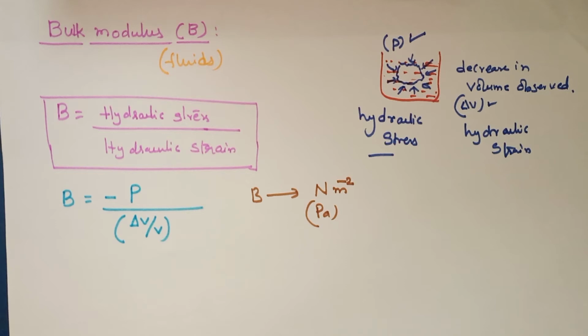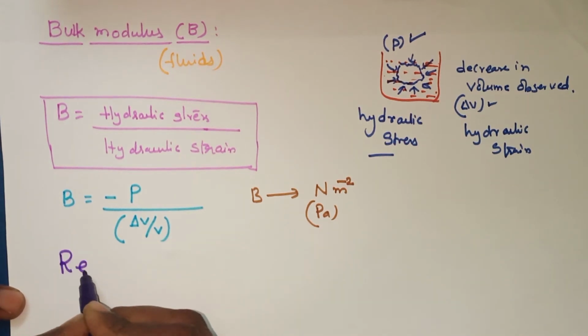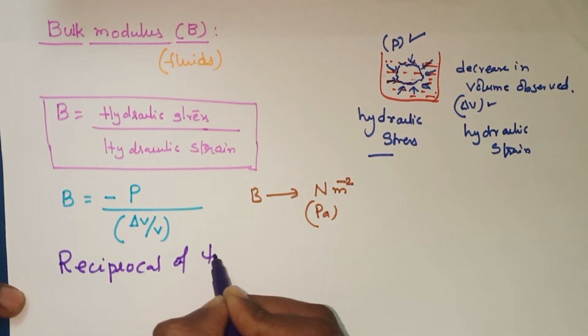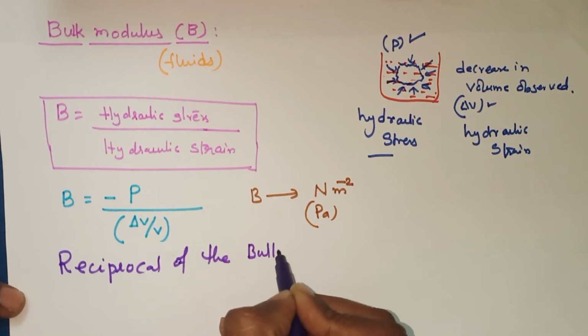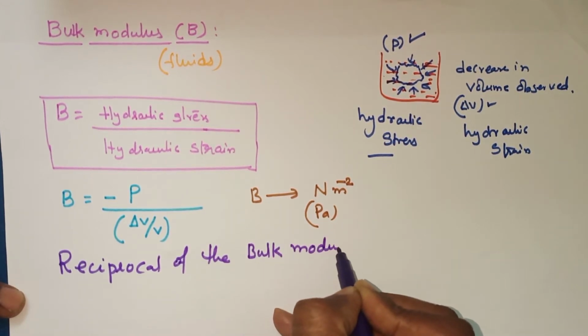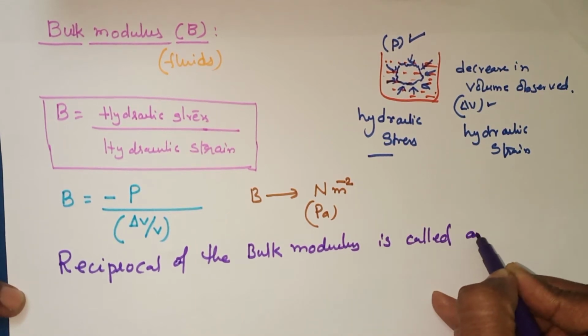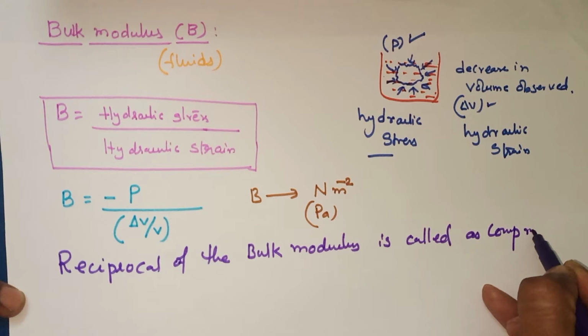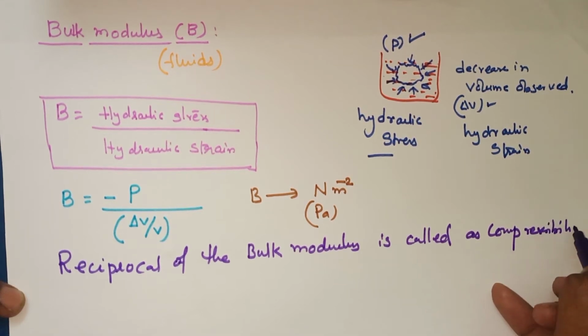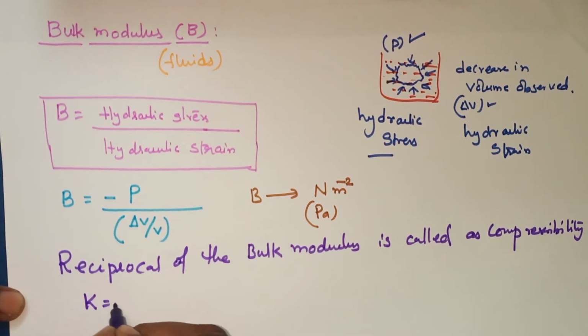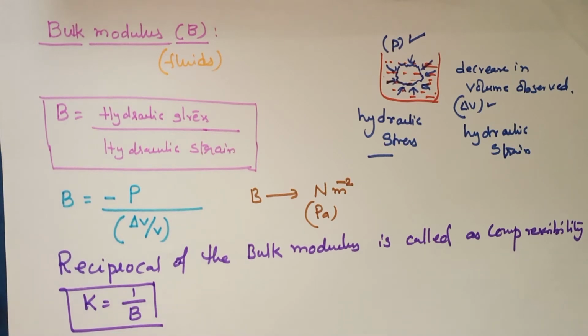Now, what is the reciprocal of the bulk modulus? The reciprocal of the bulk modulus is called compressibility. Compressibility K is equal to 1 by B. How to write this?